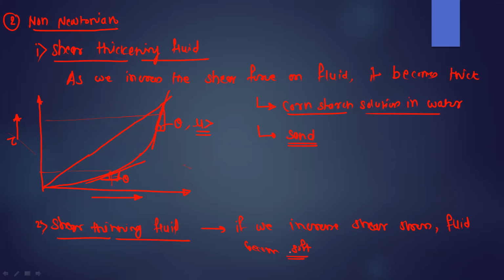Initially it will be hard at the low value of the shear stress or shear force, and when we increase the value, then it will start flowing. So the examples for shear thinning are wall paints, and then some polymer solutions.